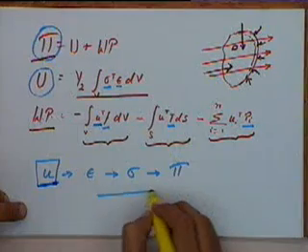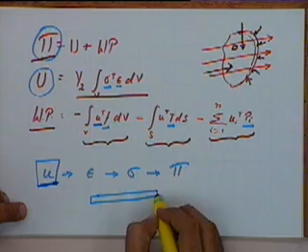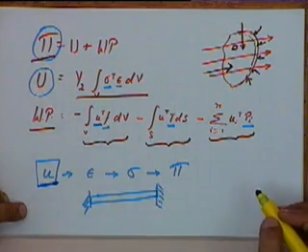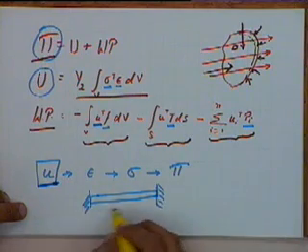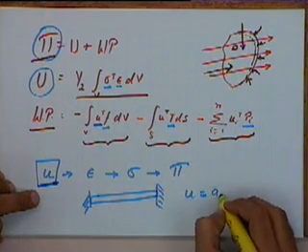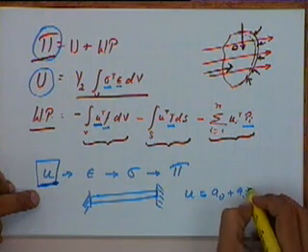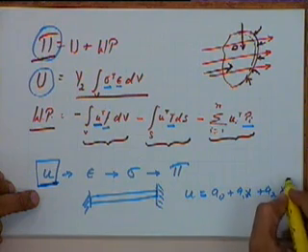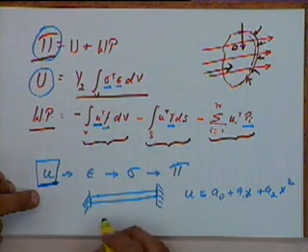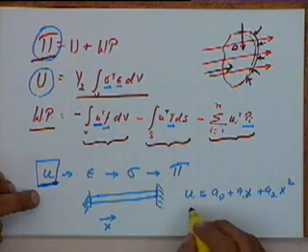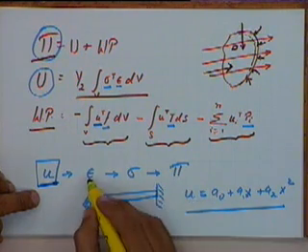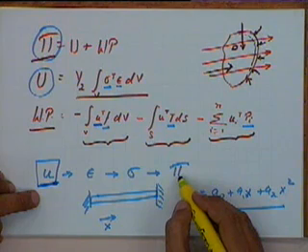For instance, if I have a simple one dimensional object like this, maybe I will say that the deformation u is given by a0 plus a1x plus a2x squared. That means this deformation as a function of x is given by this. Once I know u, I can calculate epsilon, sigma, and the potential energy.